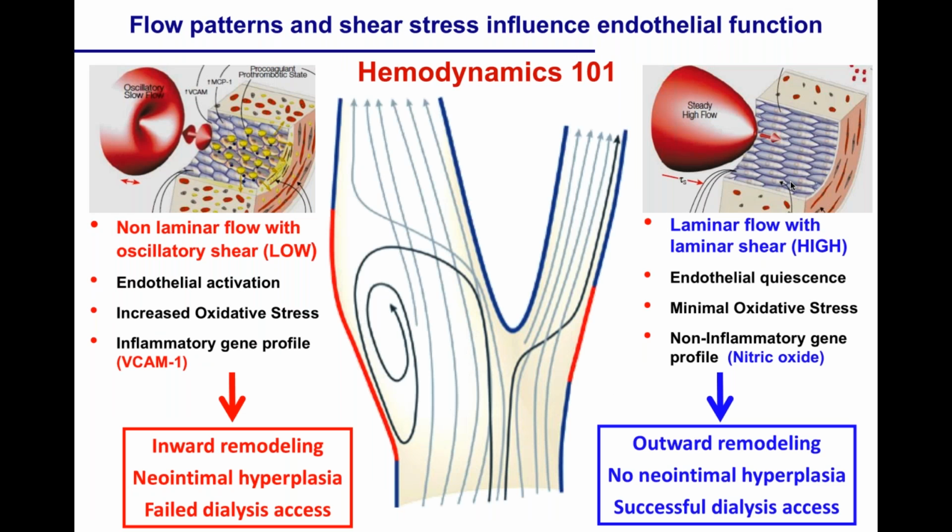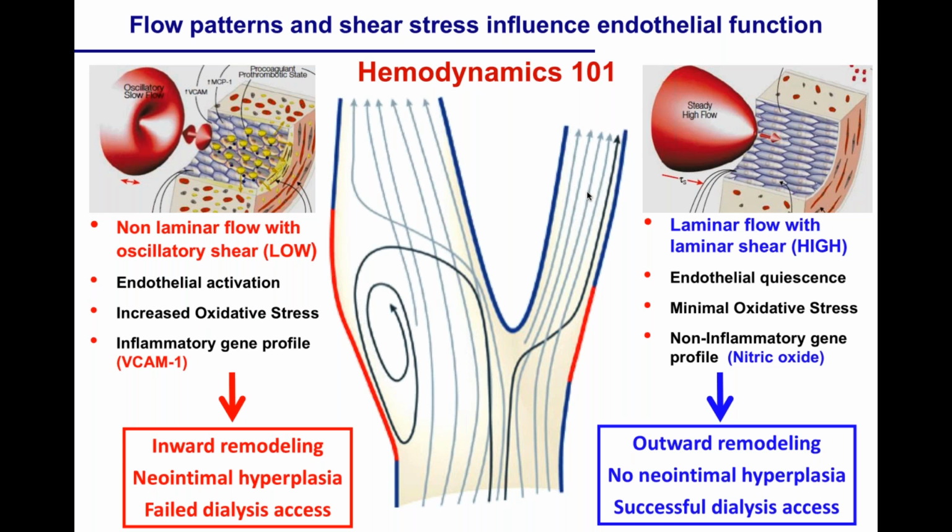This is a somewhat complex slide. It describes the carotid bifurcation. I've termed it Hemodynamics 101. If you look at the right part of the slide, you see that the flow vectors are all nicely lined up, one on top of the other. So this is an example of laminar flow, or laminar shear, or high shear. And in general, in vascular biology, this sort of flow and shear profile generally results in good things.